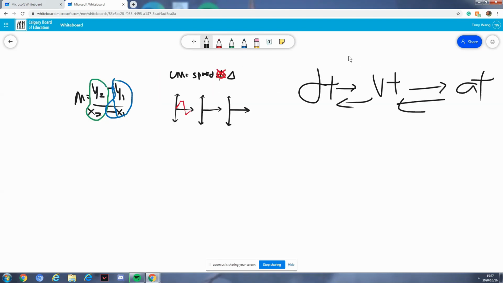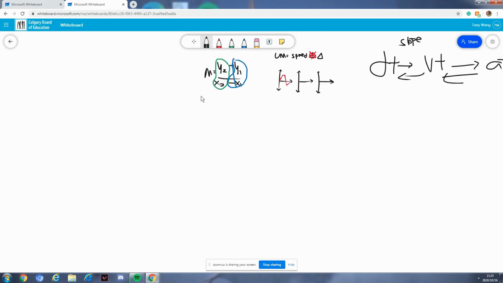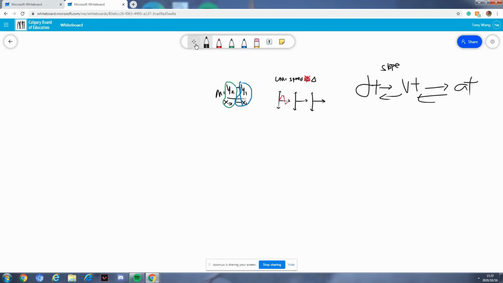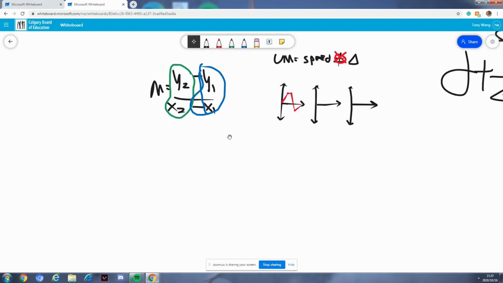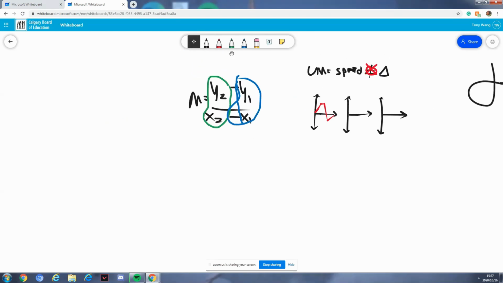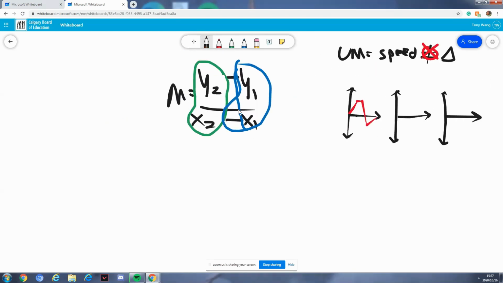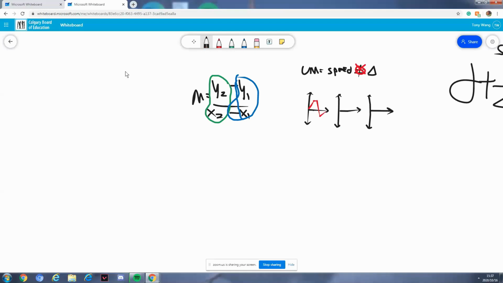Okay, so we know that it's a slope, and I don't think last time I explained why it was a slope, so I'll do it this time. The reason is that we can look at the unit analysis of the slope. For a DT graph, your time is in seconds and your displacement is in meters. These are your y's, these are your x's.